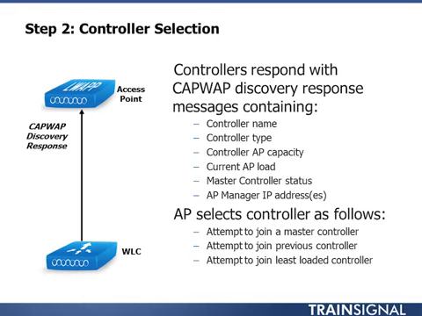The master controller status is actually quite important. When a new access point comes up, it has no primary, secondary, or tertiary controller assignments yet made, and so by connecting to the master controller, it can make sure that it gets the right configuration and also gets assigned primary, secondary, and tertiary controllers.